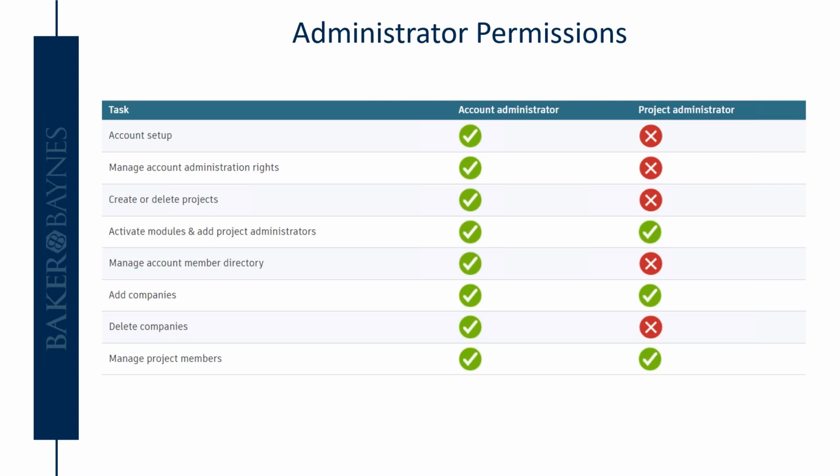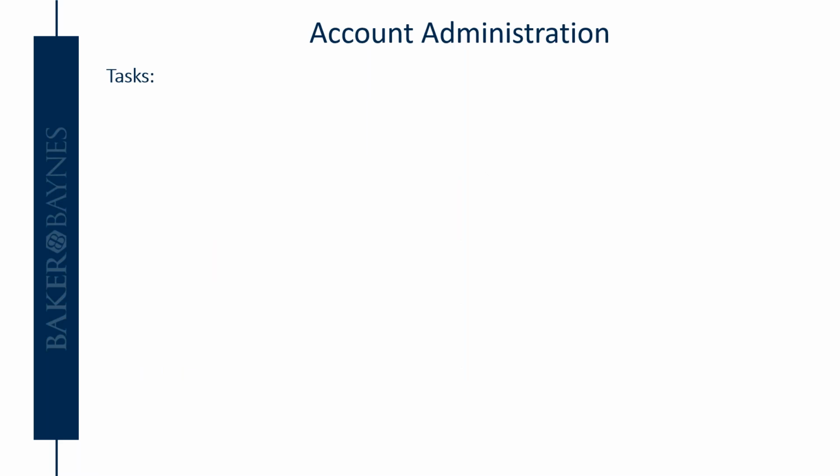Mainly the things that the account admin would do that the project admin would not have accessibility to is obviously your account setup, creating and deleting projects is a big one, managing the account member directory and the companies. That's probably one of the things that we find takes up most of the time for the account administrator.